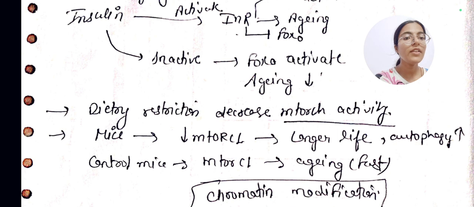Mice having low mTOR have longer life and autophagy, meaning mTOR is in a smaller number, it is in an inactivated state, there is not that much aging, so a longer lifespan. In control mice, the mTOR number is high, so aging will be fast. So yeah, if mTOR is activated, it will result in aging. If it is inactivated, it will slow down aging.